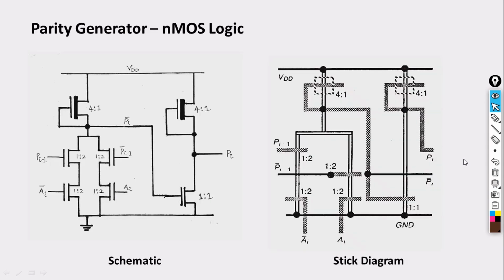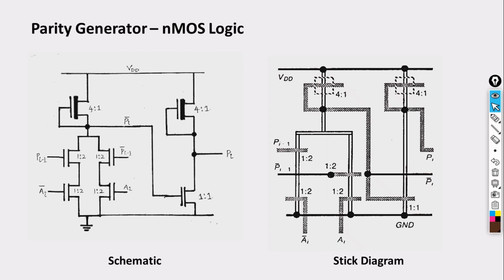From the parity generator, what we can observe is that for an n bit parity, we generate an n plus 1 bit parity generator. That plus 1 is meant for the previous logic, that is P in, that is Pi minus 1.